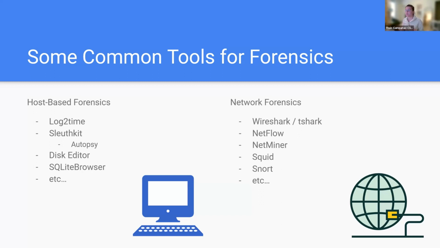We have NetFlow, NetworkMiner. NetworkMiner allows us to see the stream of traffic and puts streams of traffic together so we can see what type of communications took place, who said what, who texted what, and so on. We have Squid, we have Snort. Snort is a way to implement rules within our networks and to log information.